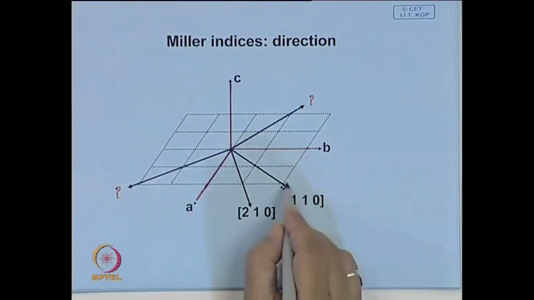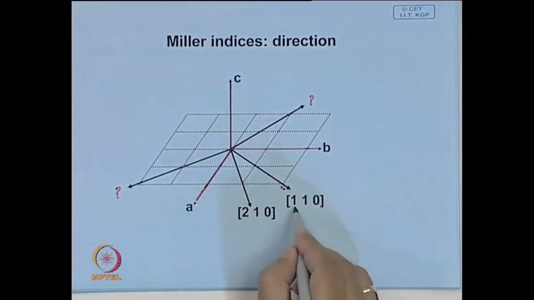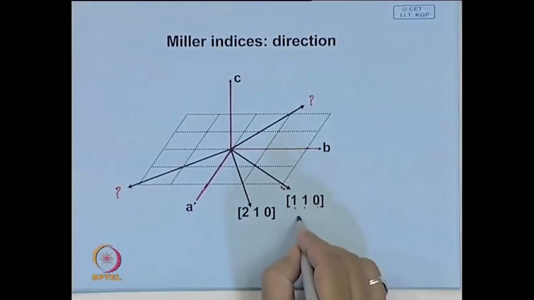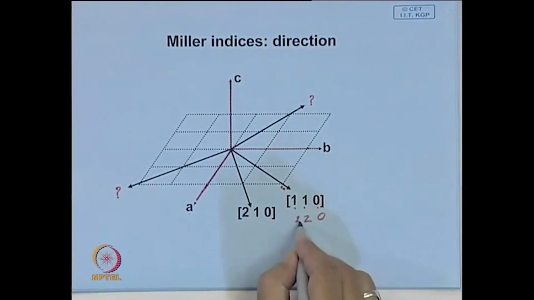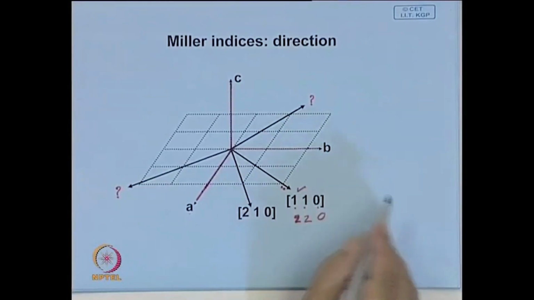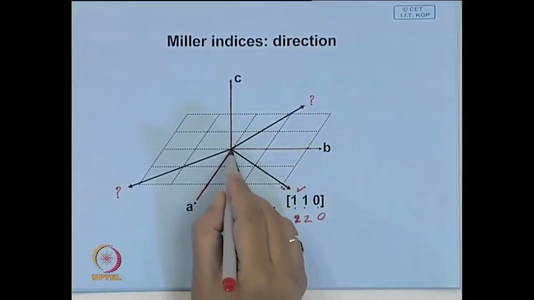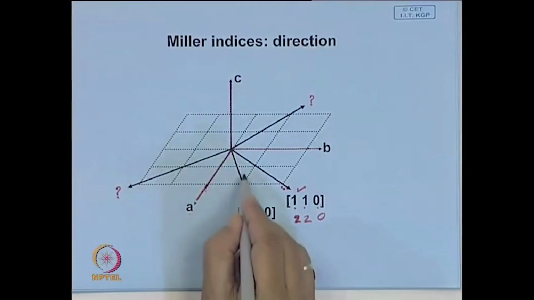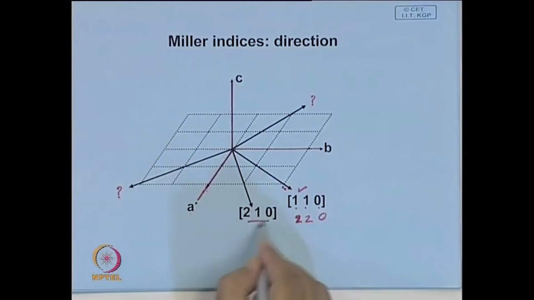So, you represent this direction by the indices 1, 1, 0, although it is 2, 2, 0 and 2 is common. So, you can say that this direction is 1, 1, 0. Similarly, in this case you go 2 steps along A, 1 along B, therefore, this is 2, 1, 0.